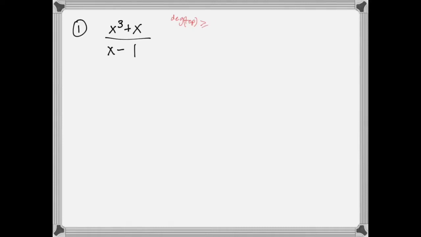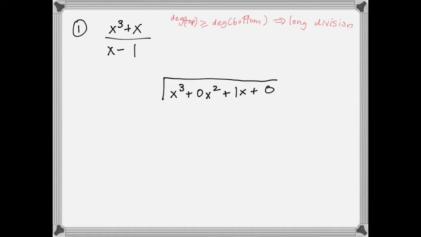So this means we use long division. So let's see what we get. Let me remind you guys of how long division works, okay? So we have x cubed plus, I'm going to have to insert some placeholder terms, and we're going to divide that by x minus 1.